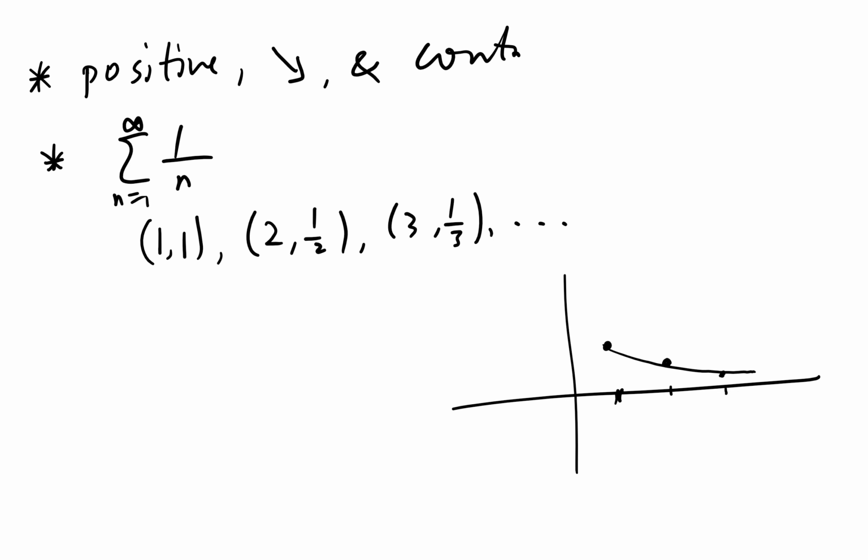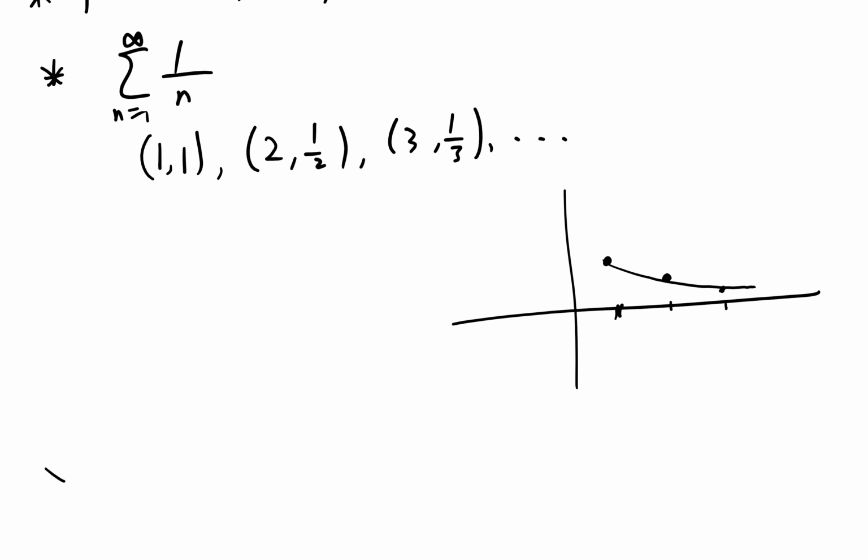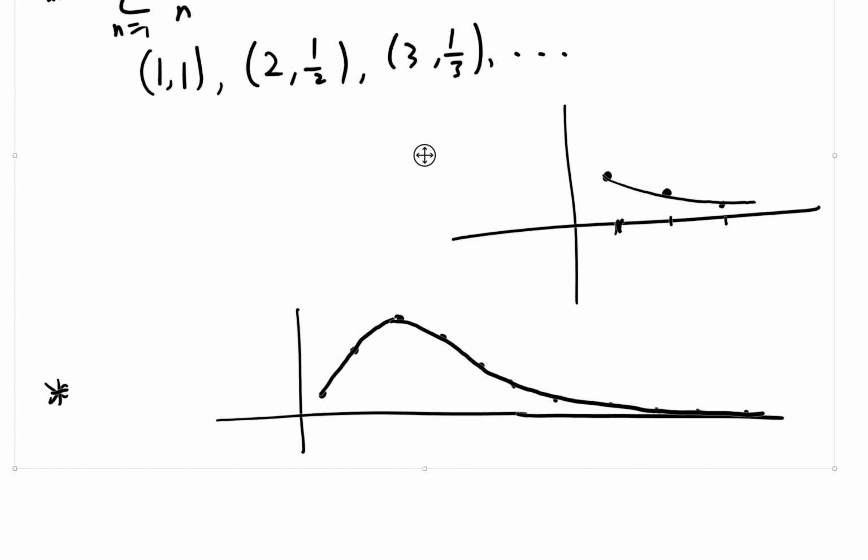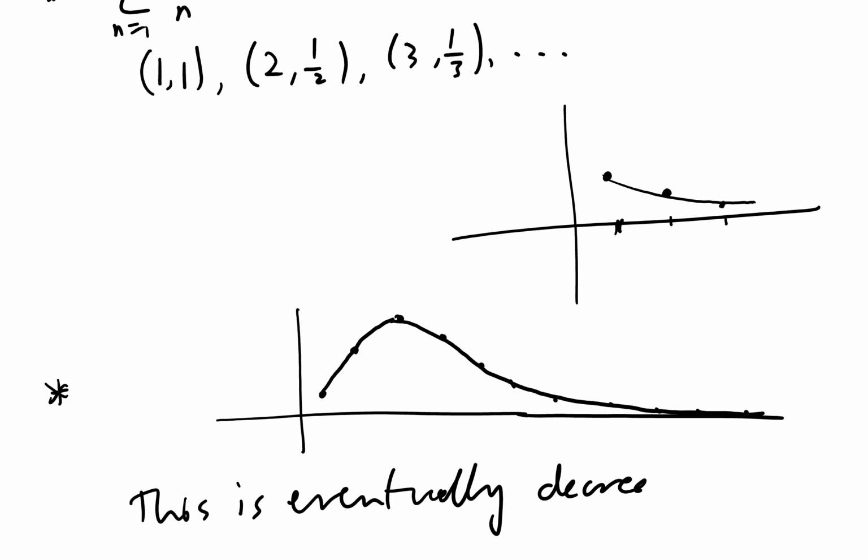Now, in some cases, if you plot a series on the graph, sometimes the series goes this way. It goes 1 here, another point here, another point there, another here, and then it starts going down this way. So it's increasing, but then eventually it's going to decrease. So this is called an eventually decreasing series.